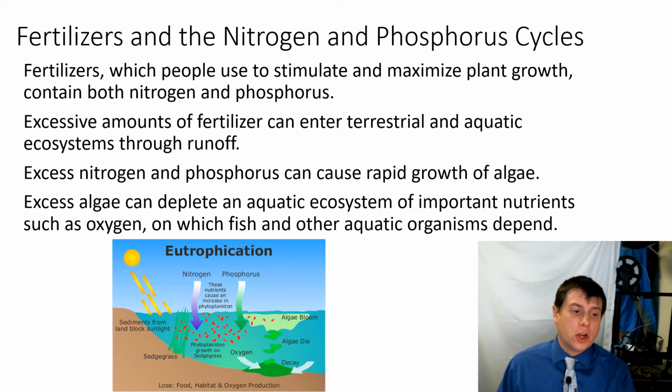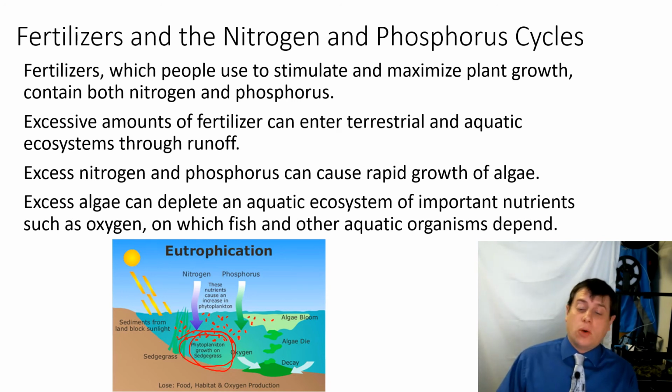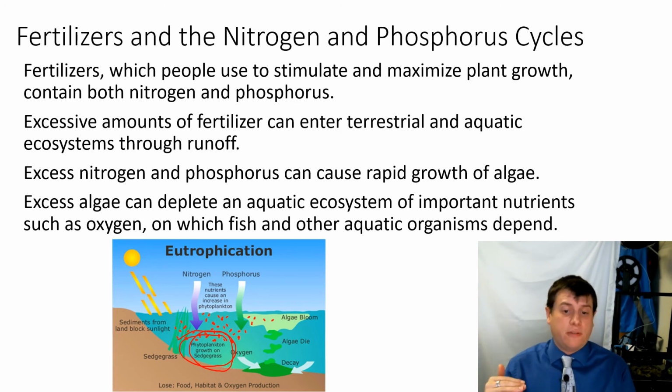They're going to start growing like crazy, okay? They're going to just start growing rapidly. The thing is, though, they're going to grow so much that they're actually going to block the light. So only the algae on the very surface is able to get that light. Anything even slightly farther underwater is going to get blocked from that light, and they're going to die.